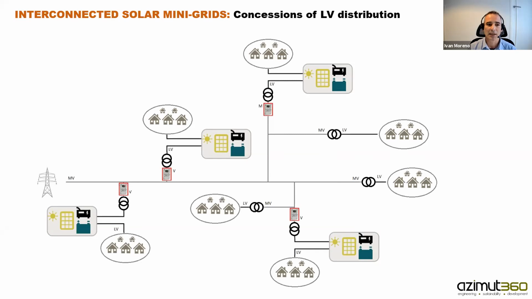In this case, we see there are meters in each community that has a PV plant in order to do net metering whenever possible, or also to control the plant in case there is no chance of feeding the utility grid with a surplus of energy which is not consumed in the village.